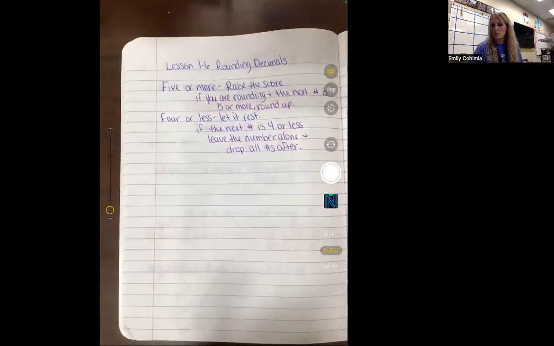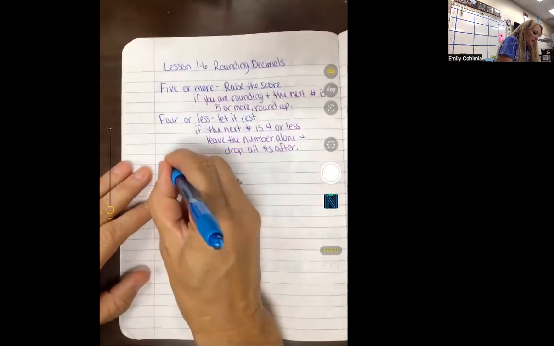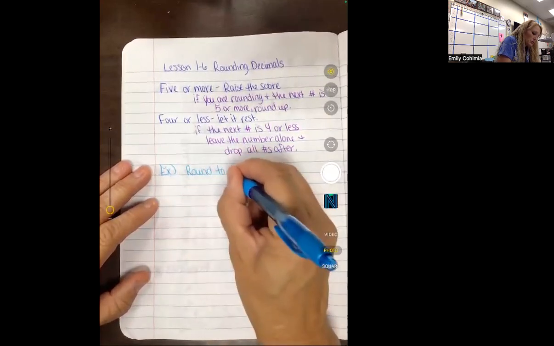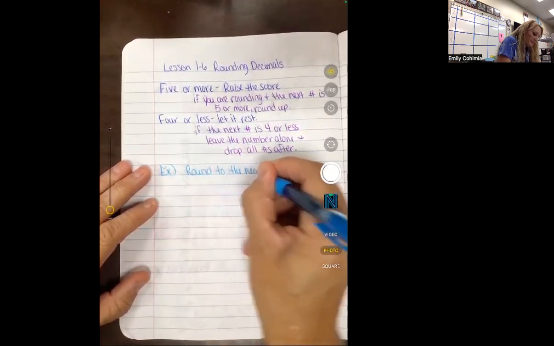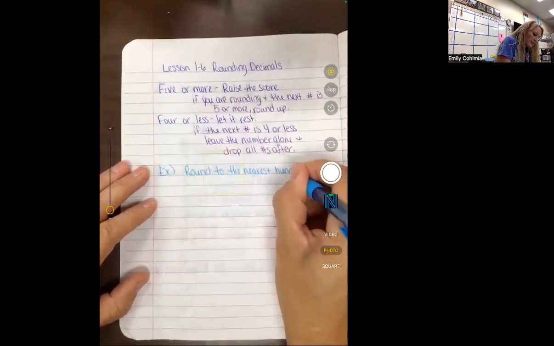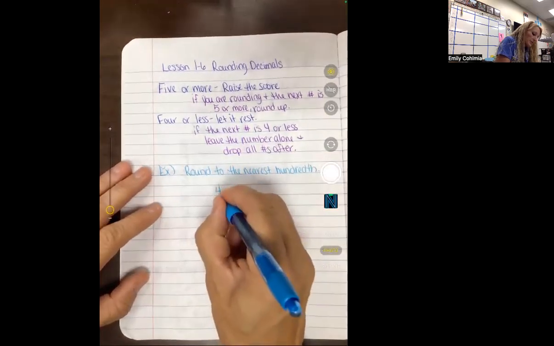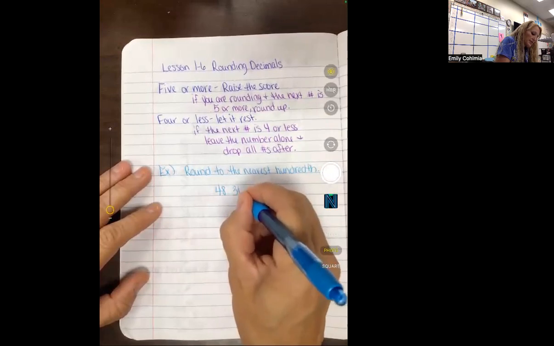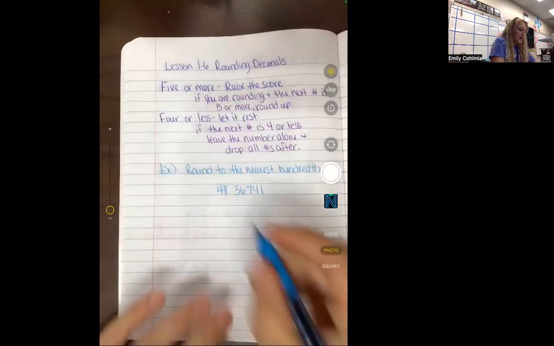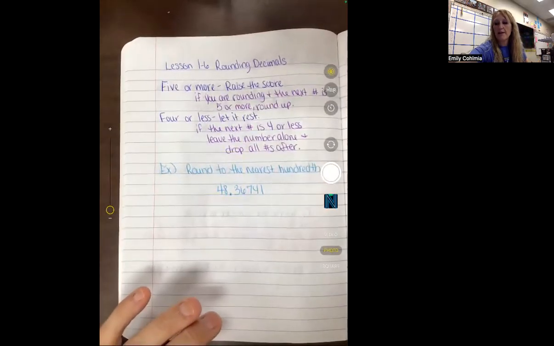Okay, so let's make this a little bit more concrete. So for example, we're going to say round to the nearest hundredth. And so we're going to say our number is 48.36741. We're going to round to the nearest hundredth. So the first thing that we need to do is we need to identify a couple of things.